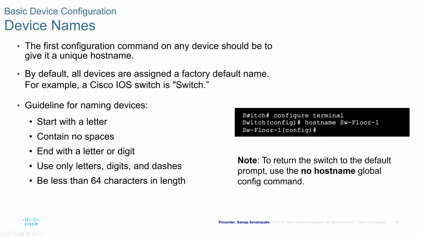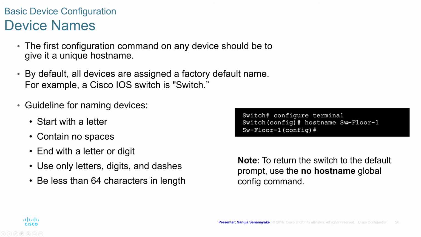Now the host name has been changed from switch to SW-floor-1. To return the switch to the default prompt, you can use no host name, and that will delete whatever host name you entered.